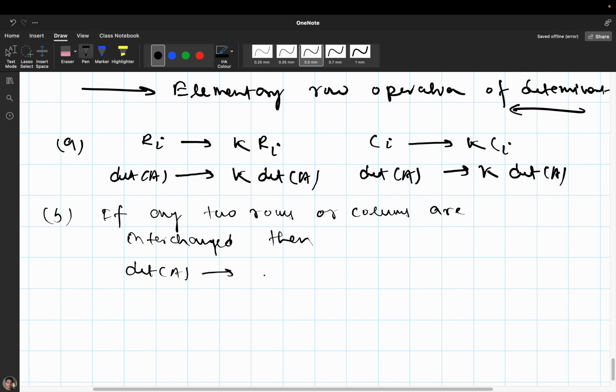What will happen if any two rows or columns are interchanged? Then what will be the effect on the determinant of A? The sign will change. Yeah, that will become minus times determinant of A. And how did it happen?